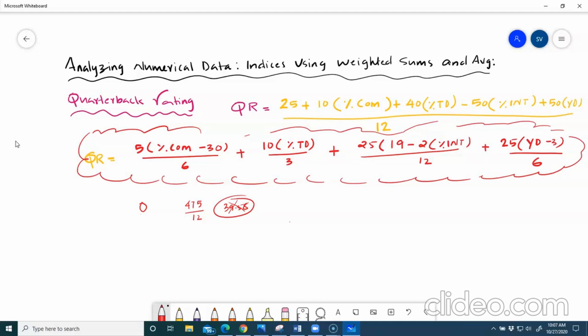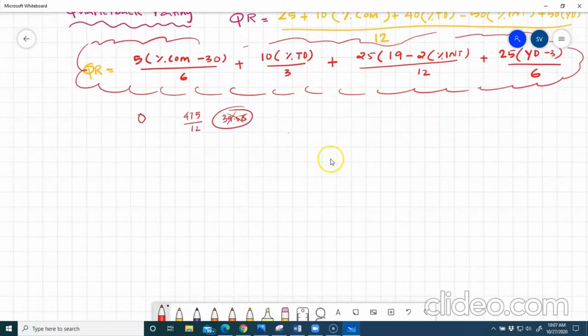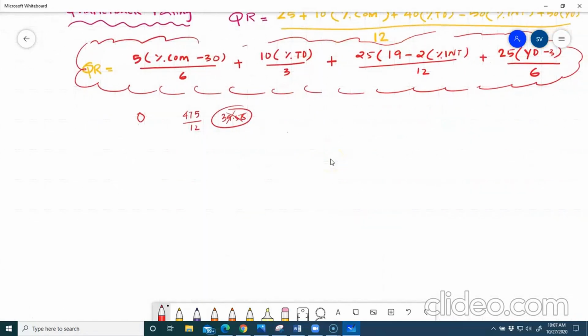Now we can discuss the problems one by one. Let me make some space. The first problem is this. For the first two games of the 2008 season, Dallas Cowboys quarterback Tony Romo completed 45 passes out of 62 attempts.